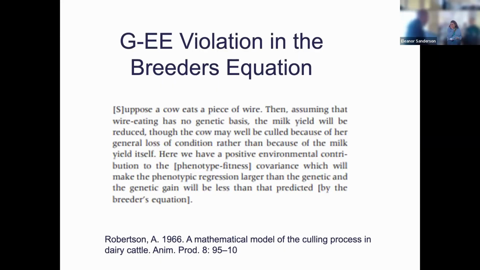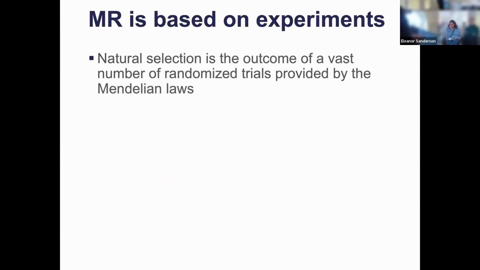This is from 1966, swallowing some wire and then getting ill through that. But that's not going to be reflecting anything for which there are genes that could be equivalent to eating wire. So the violation is sort of obvious when you know what you're looking for. So Mendelian randomization is based on experiments.